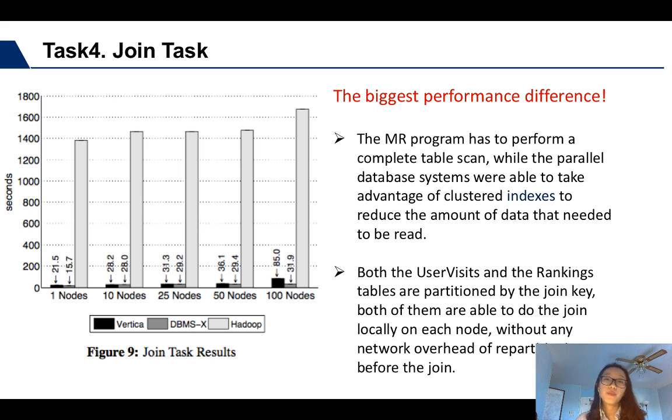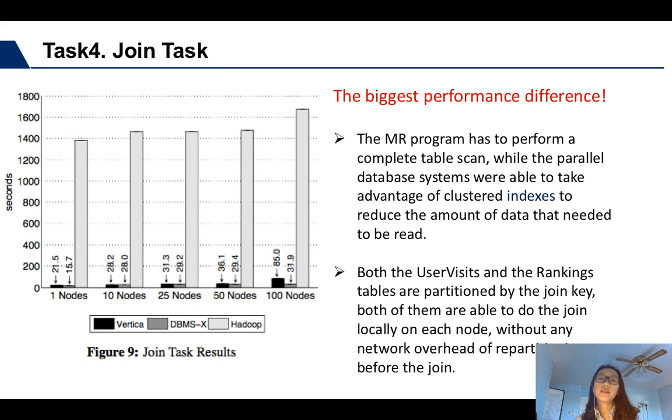The MapReduce program has to perform a complete table scan, whereas the parallel database systems are able to take advantage of a clustered index to reduce the amount of data that needs to be read. So we can see that the index really improved the performance of the database analysis. It's a similar reason why Hadoop performs worse than these two systems.